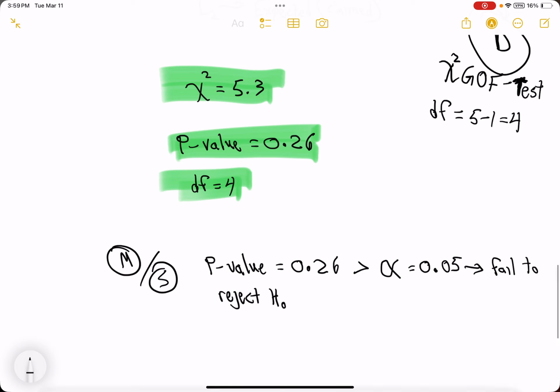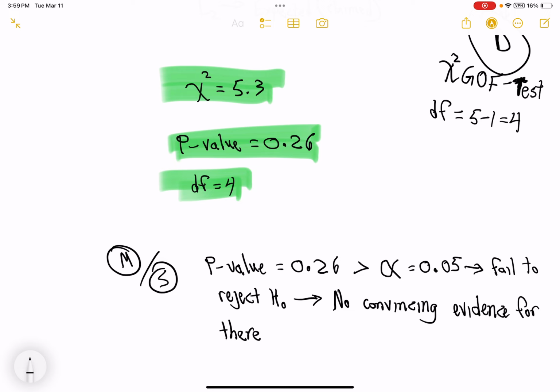In other words, sadly, I wish this weren't the case, I wish we could fight the power, but there is no convincing evidence, in this case, for there being a difference from the claimed values.